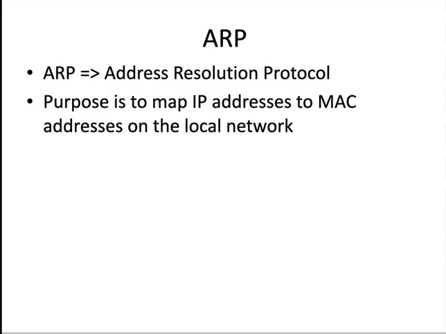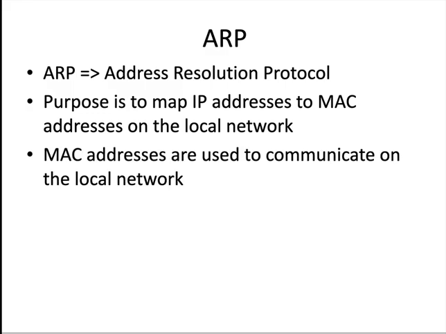I will ask you what type of addresses are used to communicate on layer 2 of the OSI model, and the correct answer is simply MAC or MAC address. No elaboration. A lot of times students say IP addresses and MAC addresses, and it's like, no, it's just a MAC address.